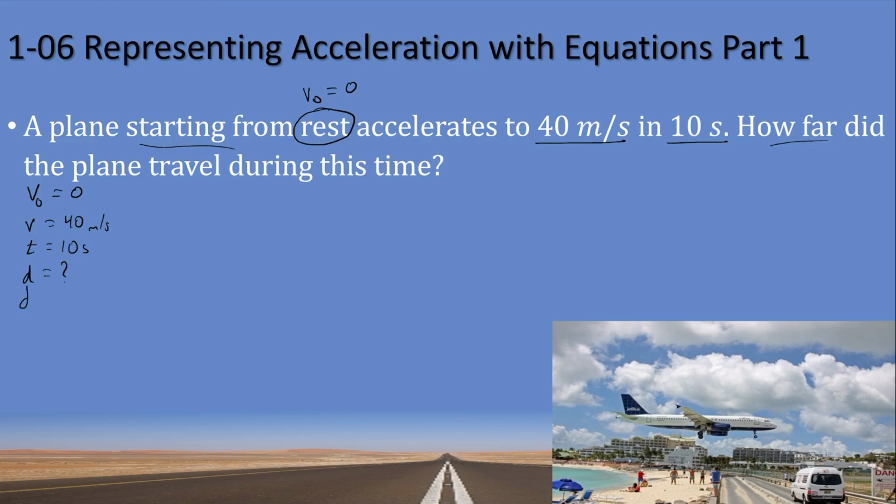Let's make the assumption, and we are assuming this, that our initial position is 0. So it says it accelerates, but they never told us the acceleration. So we're going to have to solve this without the acceleration.